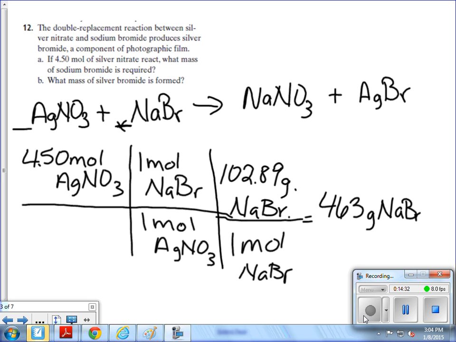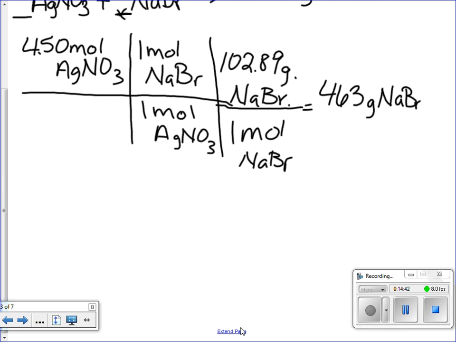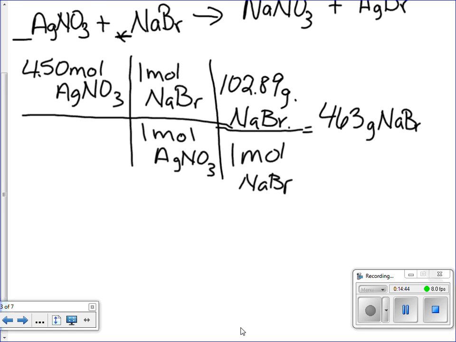All right, and then question B, what mass of silver bromide is formed? So, move this down a little bit. It's always easiest to work with units of moles, so I'm going to still use my 4.50 moles of silver nitrate.